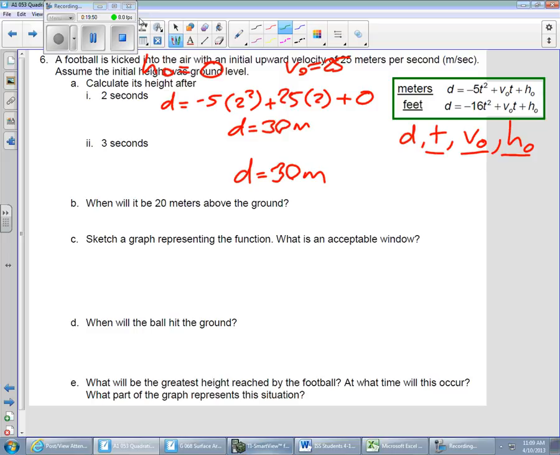So plugging into the formula, we've got a distance of 20, which equals -5 times time squared, but we don't know what time is. That's added to the initial velocity, which is still 25, multiplied by time, and then added to the initial height, which is still 0.